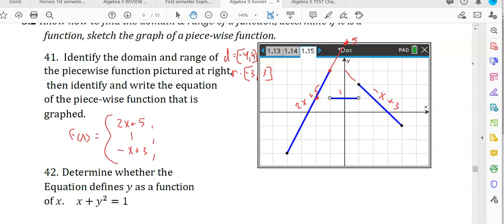The domains of each one of those: the first equation has a domain from -4 inclusive, so -4 less than or equal to x less than or equal to -1. And this one would be from -1 less than x less than 1. And this would be 1 less than or equal to x less than or equal to 4.